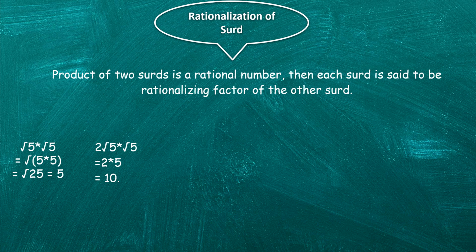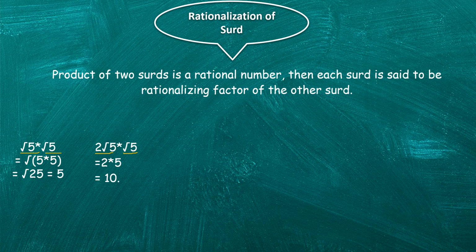Here both are rational numbers, that is 5 and 10. So we can say that root 5 is a rationalizing factor for this root 5, and 2 root 5 is a rationalizing factor for this root 5, right?